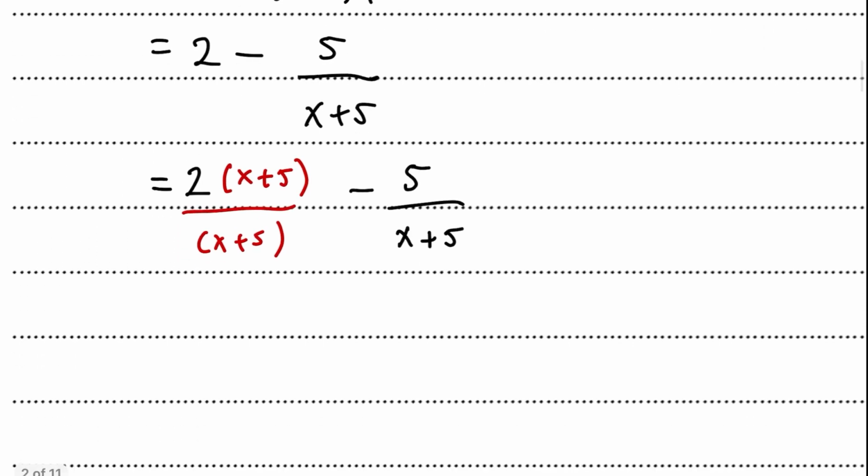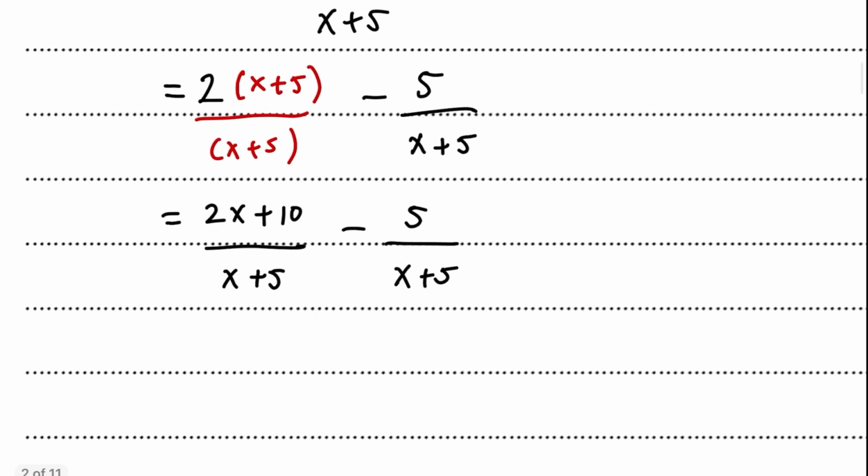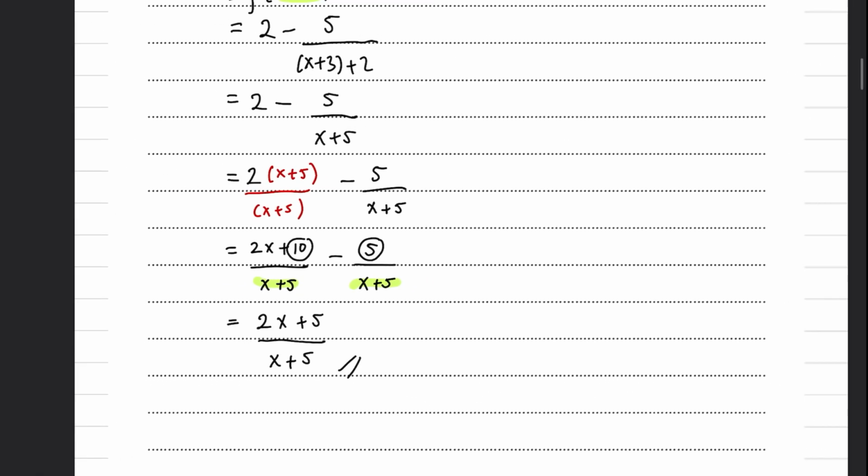So we will have (2x plus 10), you expand, over (x plus 5) minus 5 over (x plus 5). Now we have the same denominator here, so we will get (2x plus 5), because 10 minus 5, over (x plus 5). So this is our answer.